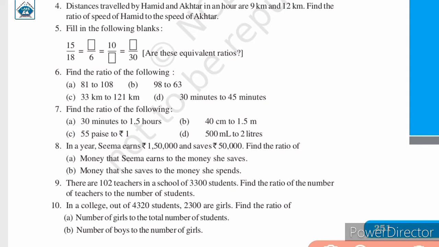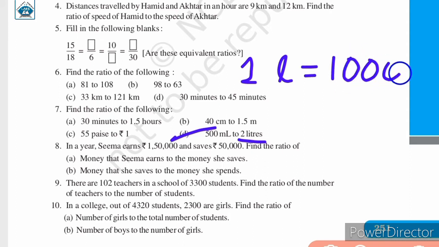In the similar manner, we have the last part, 55 milliliter to 2 liters. So in this question, I will give you a hint that you need to convert liters to milliliter. Liter को आप लोग को milliliter में convert करना है, and you know that 1 liter is equal to 1000 milliliter. So you need to use this conversion.